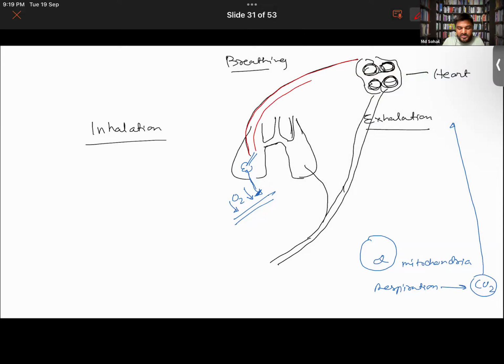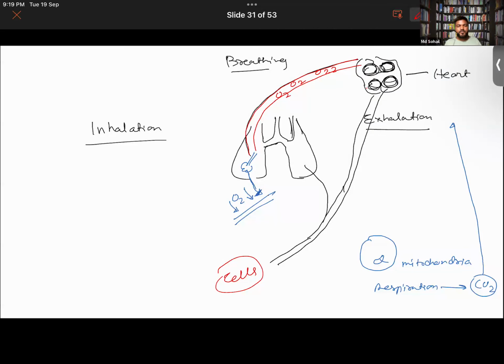The blood coming from the lungs is rich in oxygen, right? So the heart will take up this oxygen-rich blood and then go to all parts of the body, to the cells. Is that clear so far?